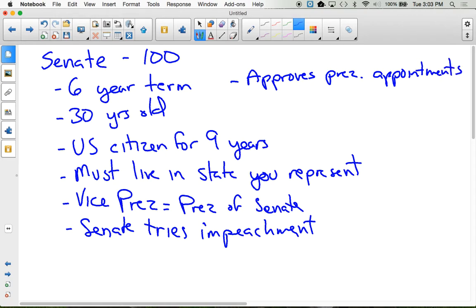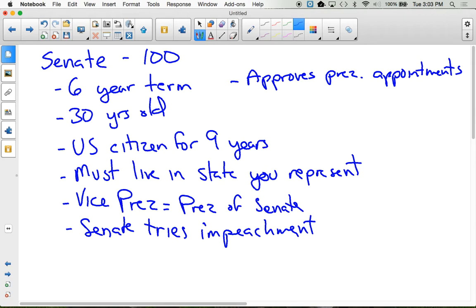Why has this made news within the last year with regards to Obama? Who has he tried to appoint? Supreme Court, right?